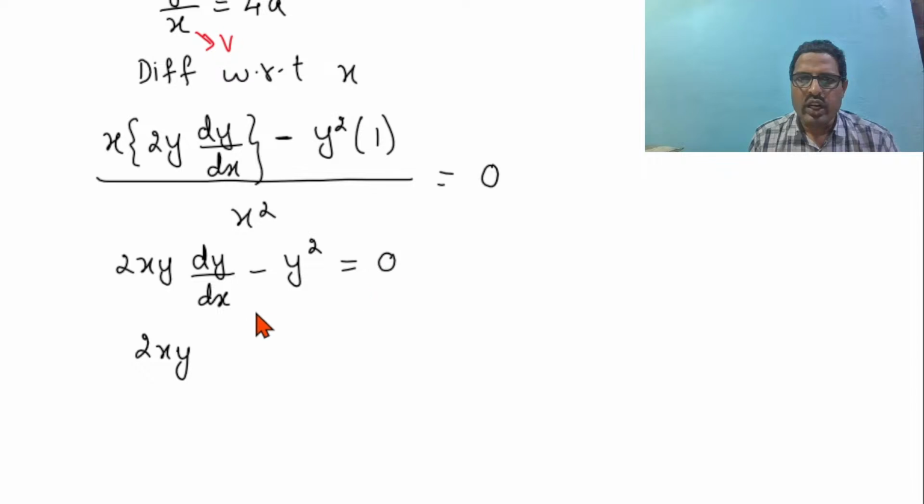If you want to get the orthogonal trajectory, you have to replace the value of dy by dx by minus dx by dy.